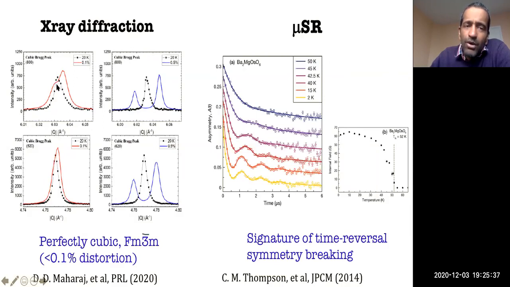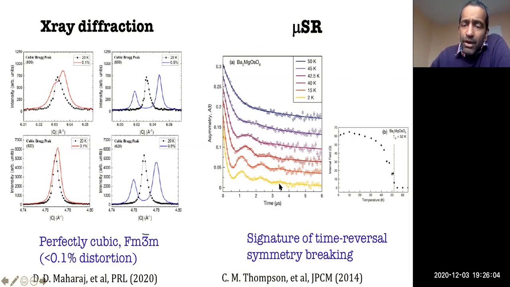Already you see that this Bragg peak with a 0.1% distortion should have been visibly split, but in fact, it shows no sign of splitting as a function of temperature. Nothing changes. So clearly, anything that's happening in the system probably has nothing to do with any changes in structure. The structure stays cubic as you cool down to the lowest temperature.